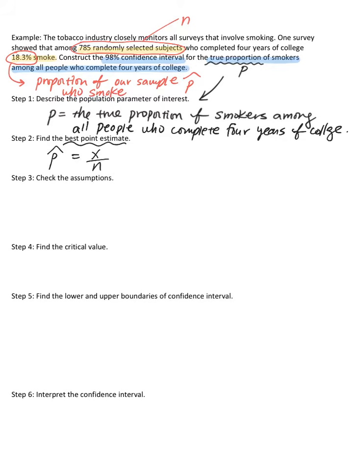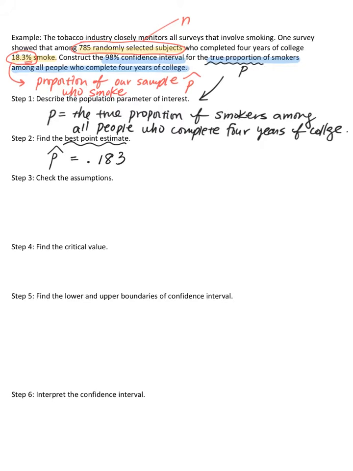The hint here is the percent symbol right next to 18.3. So we don't use X divided by N because we already know what P hat is. We just write what's given, 0.183. Sometimes the problem gives you the P hat instead of giving you X, so you just have to write down the number.